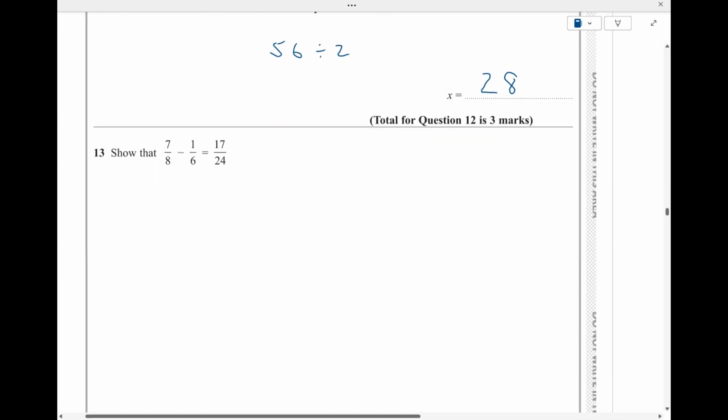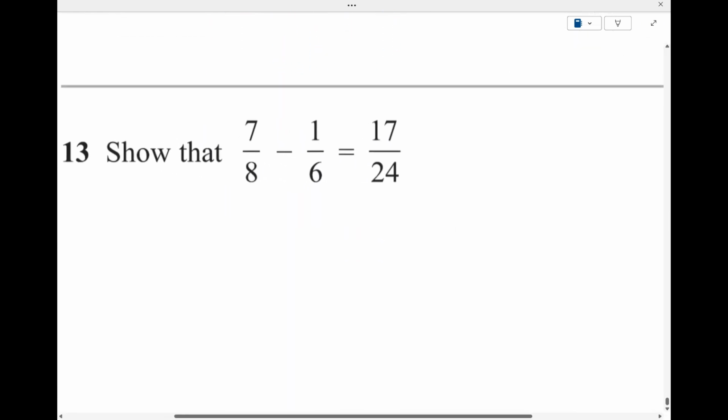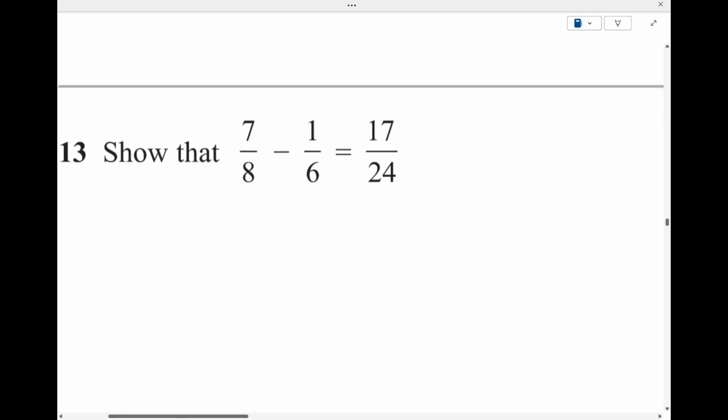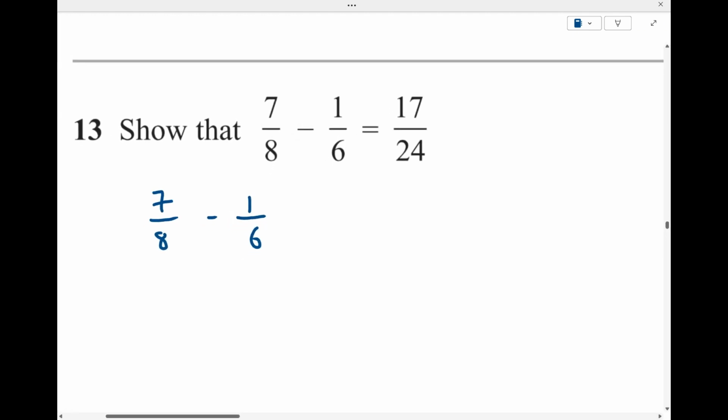Number 13. Show that. Right, now that's a subtraction, isn't it? So I'm going to work out what 7/8 minus a sixth is, and hope that it comes to that. So I'm going to turn both of these into the same thing. Now, 8s and 6s. If I go up my 8s, stop at something that 6 goes into, 8, 16, 24, 24. So I'm going to times that one by 3.